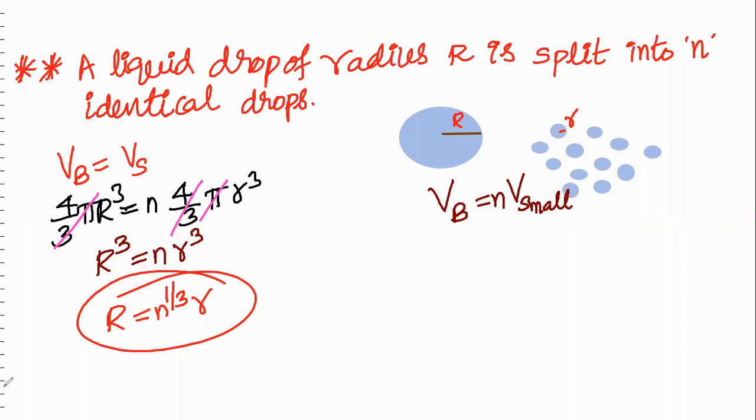Then the energy needed to split the drop, or the energy needed to combine the small drops into a big drop.